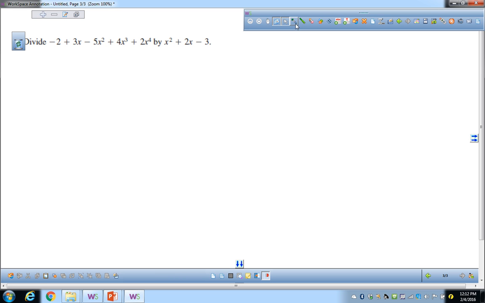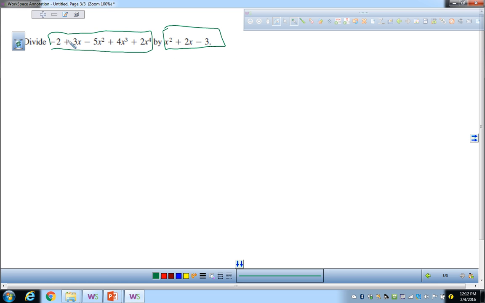So first of all, when you divide things, I'm dividing this big expression by that big expression. I have to arrange them from highest degree down to lowest degree.